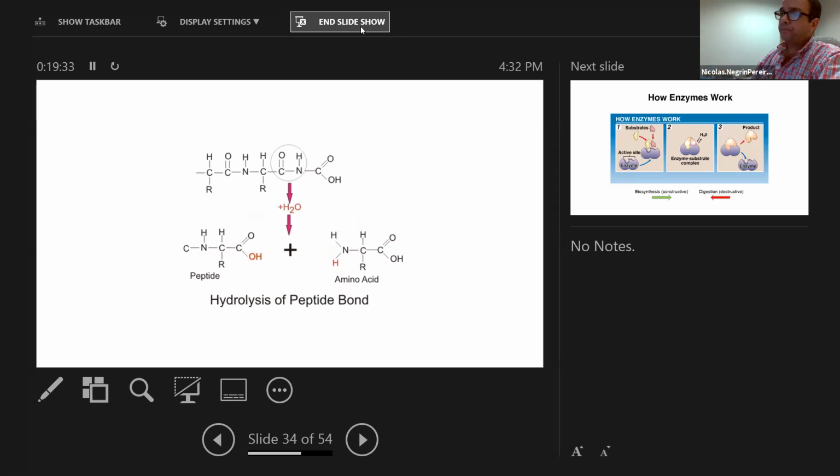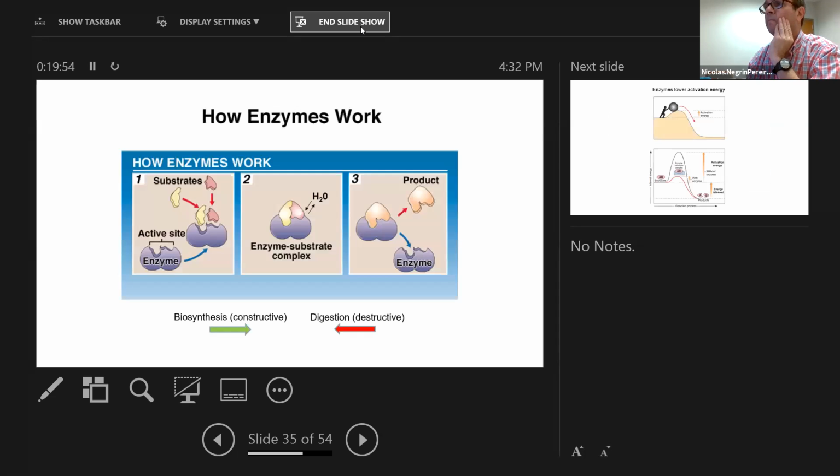So the polypeptides or the protein will be broken down into their structural units or amino acids, and amino acids normally will be absorbed through the digestive tract with the help of active transporters, specific transporters for specific amino acids.